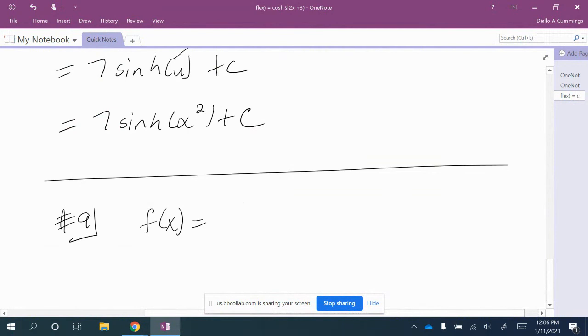F of x equal to the inverse of the hyperbolic tangent of 5x.